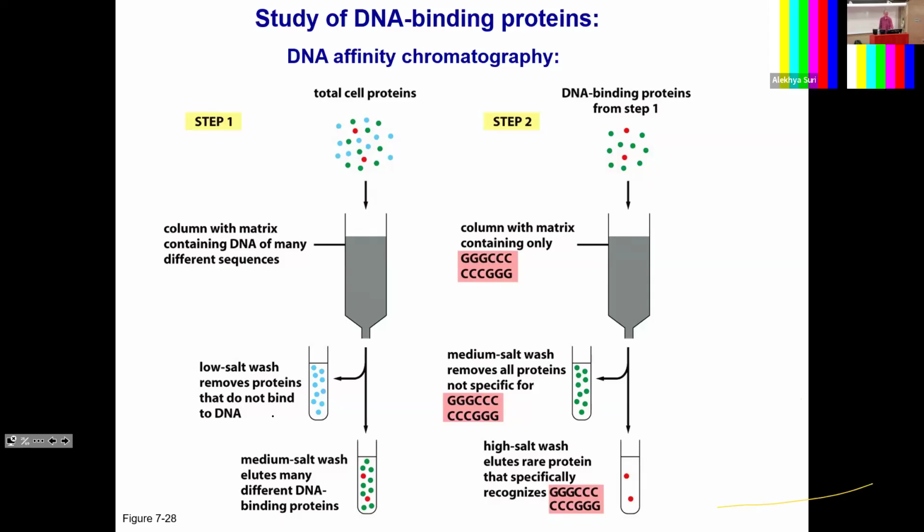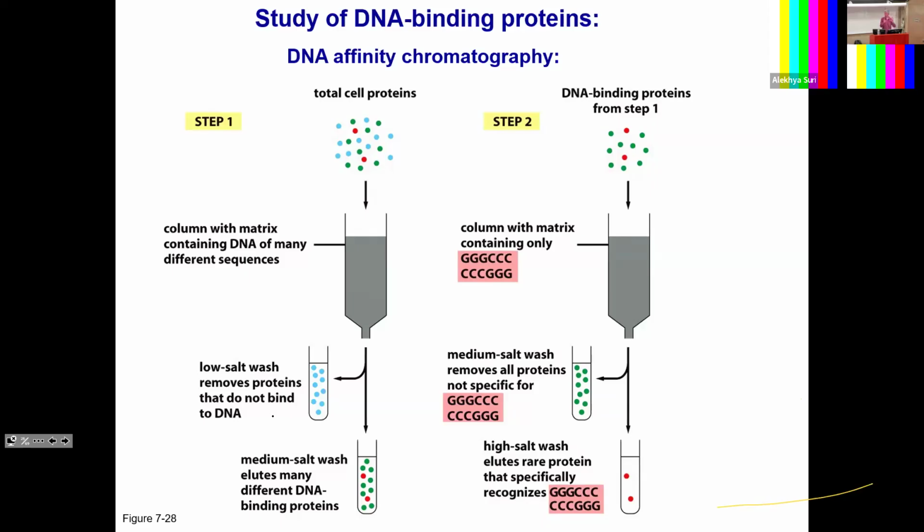Once you elute the DNA binding proteins from the column material with a slightly higher sodium chloride concentration, like a medium salt wash, you would load these proteins.